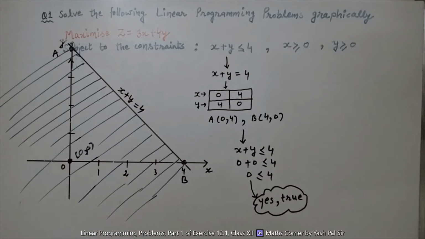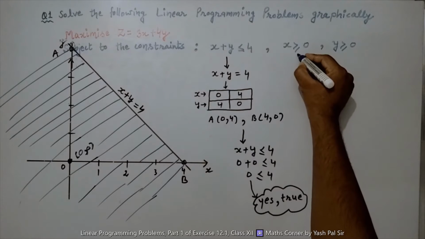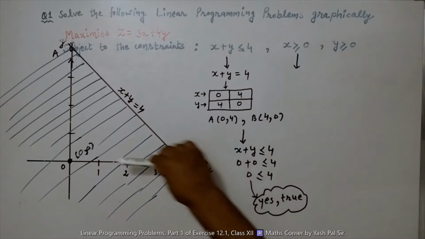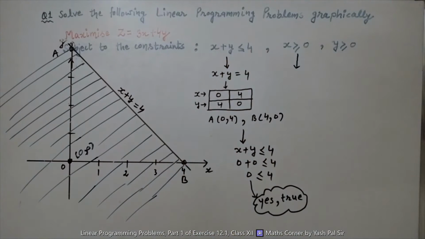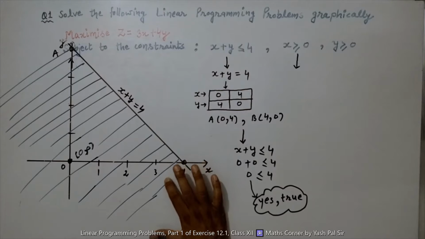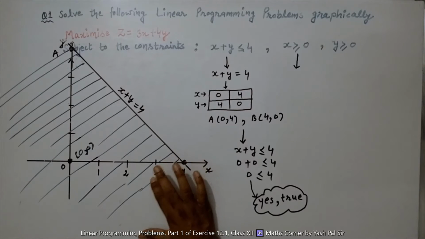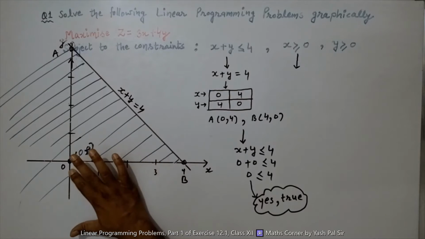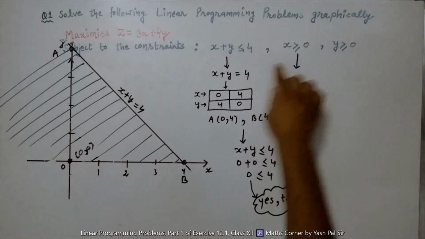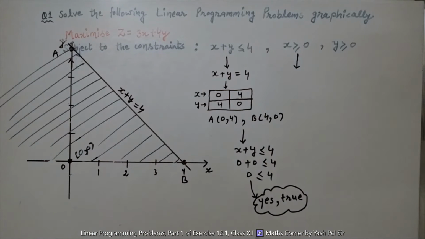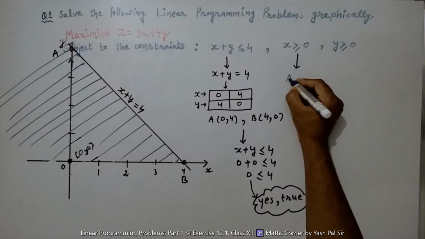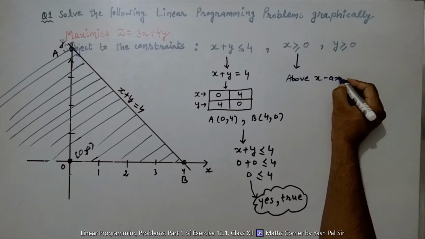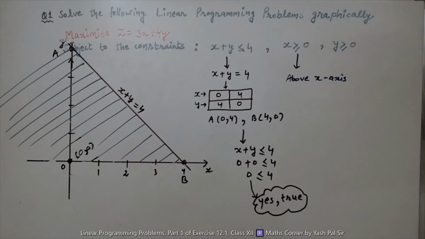So we have shaded to this side. But the next inequality is x greater than or equal to 0. Where is x greater than or equal to 0? Above the x-axis. So below the x-axis, the portion which was shaded, we are erasing that because of the second constraint.